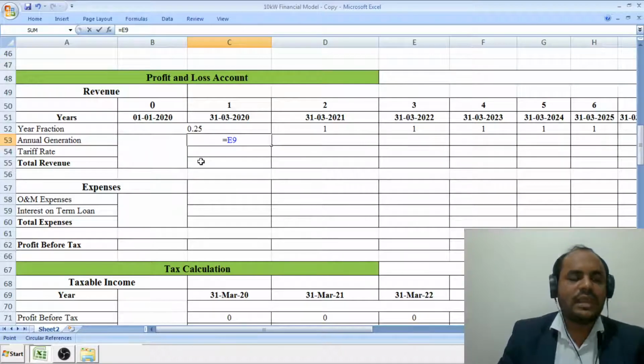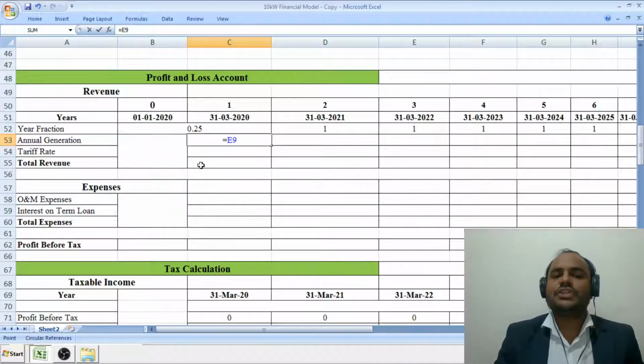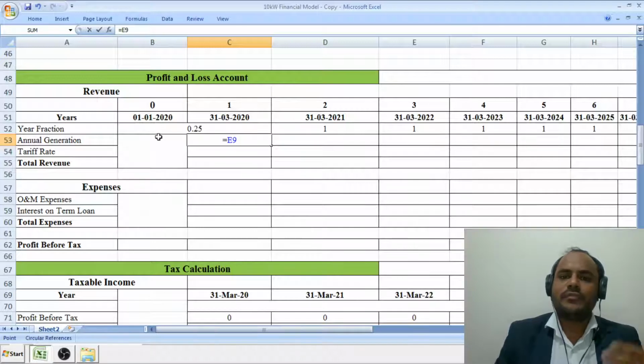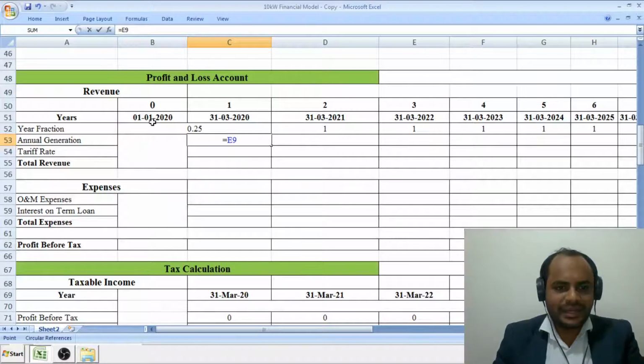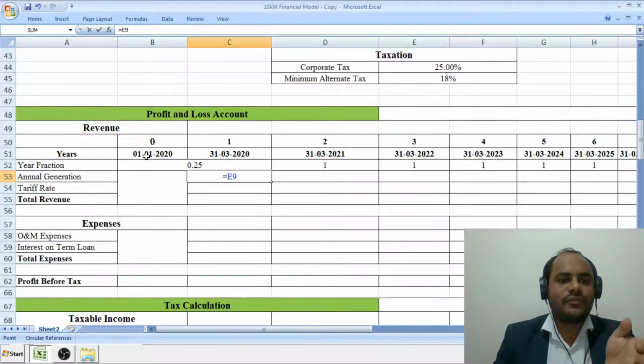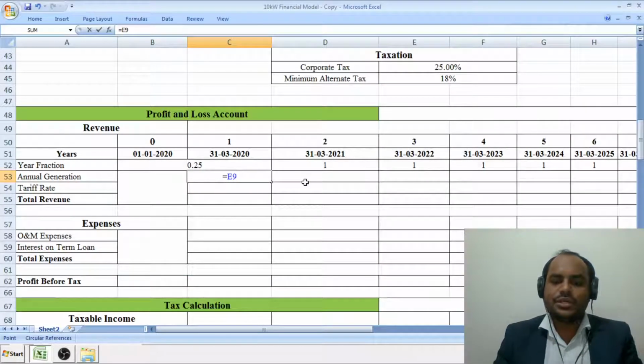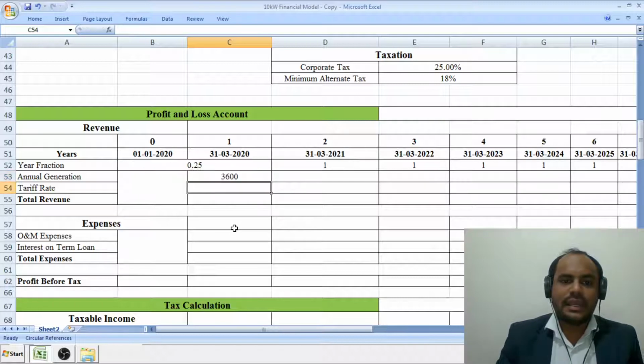But whenever we are considering the typical financial year from 31st of March 2019 up to 31st of March 2020, solar is injecting the electricity into the grid and actually earning the profit from the 1st of January 2020. So we have to multiply by the year fraction when we are calculating the annual generation in the first financial year, and enter over here.